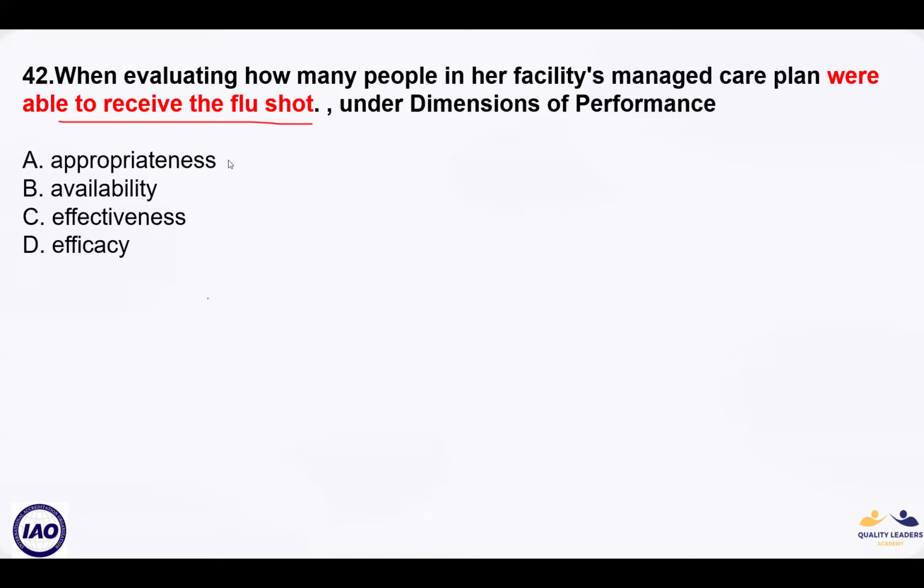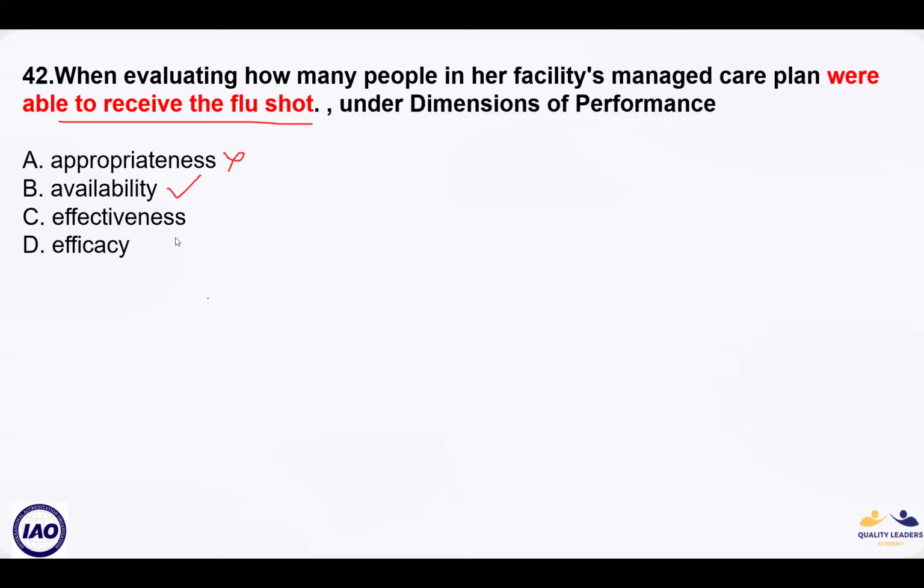Is it appropriateness? No, because whether a flu shot was the right intervention for these people is not being measured here. Whether it is right or wrong is not being discussed. So this is not appropriateness. Coming to availability, the degree to which services can be obtained when needed, in a way a shortcut to "able to receive," that's called availability. Yes, this fits the keyword.